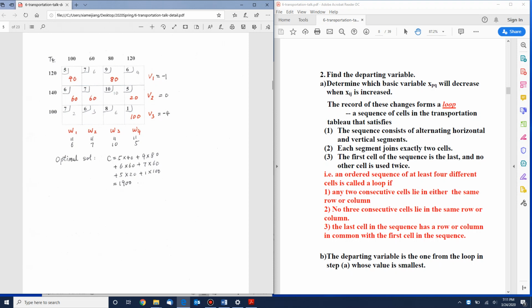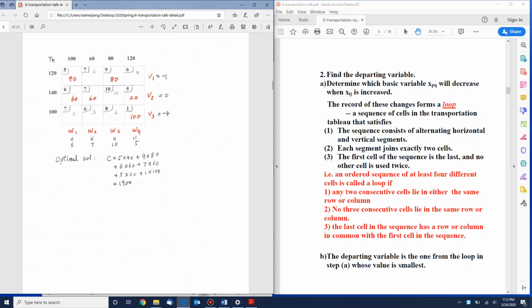So when we calculate Vi plus Wj for those non-basic variables, you could find out that Vi plus Wj minus Cij for all the non-basic variables are less than or equal to 0.